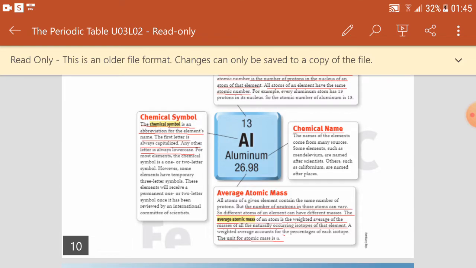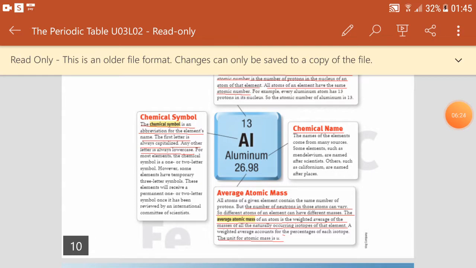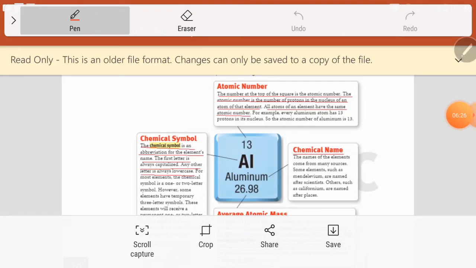So finally, which one of them do we take its atomic mass? They take the average. How? They will add like this. It means they take the average mass of all of the isotopes.